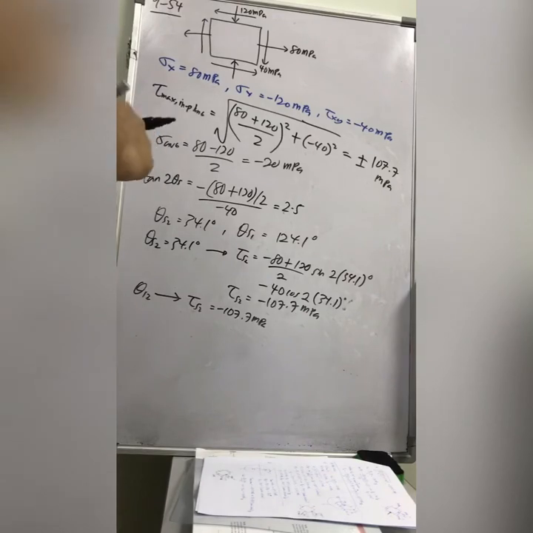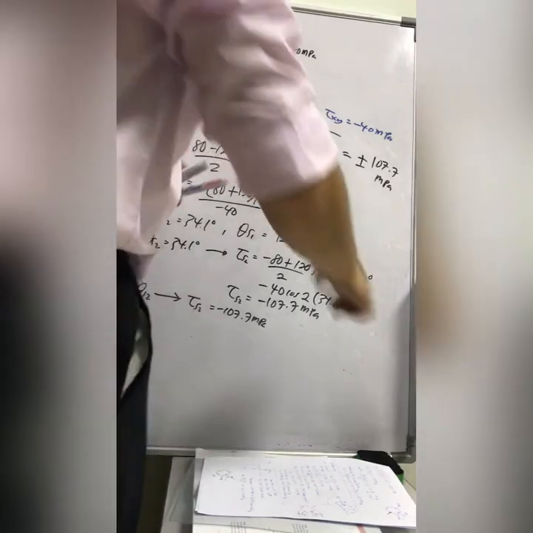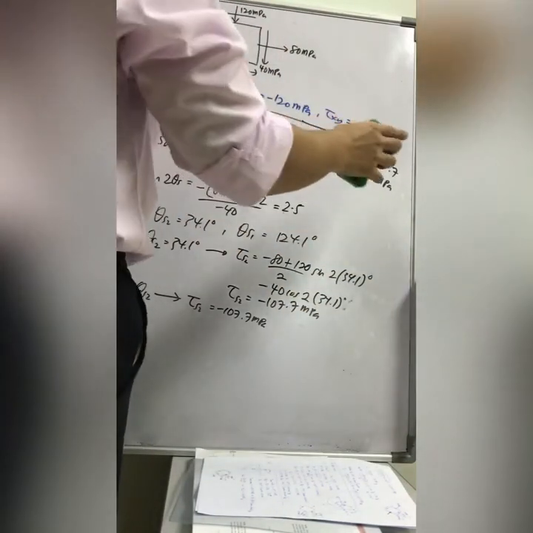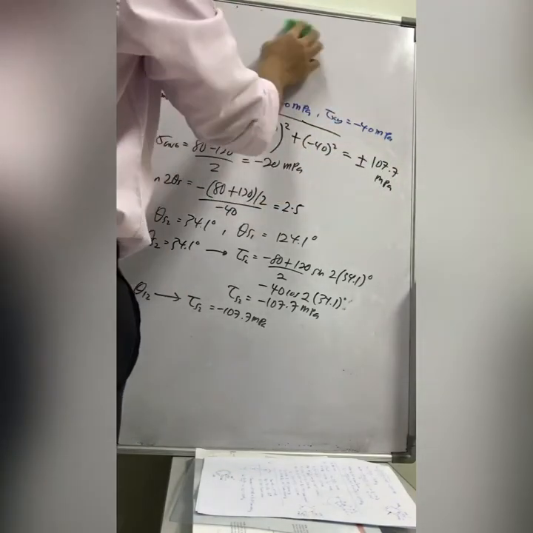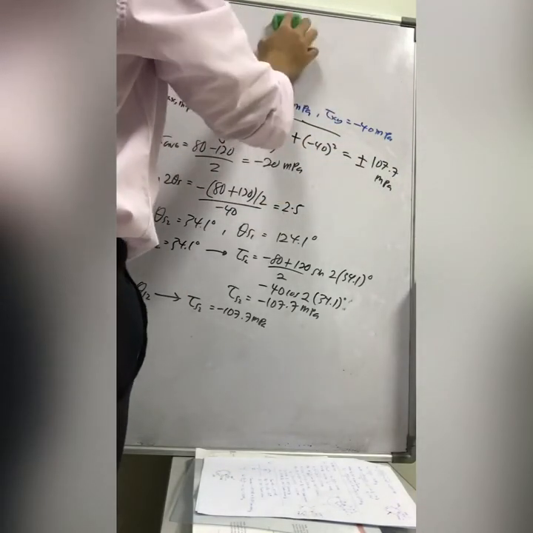Okay, this is important because when we're going to draw this, let's erase this. You have to draw this again.